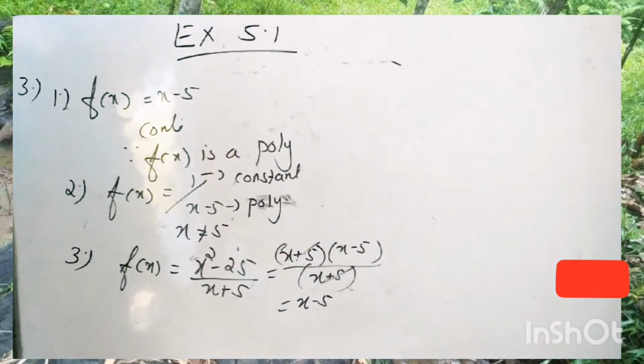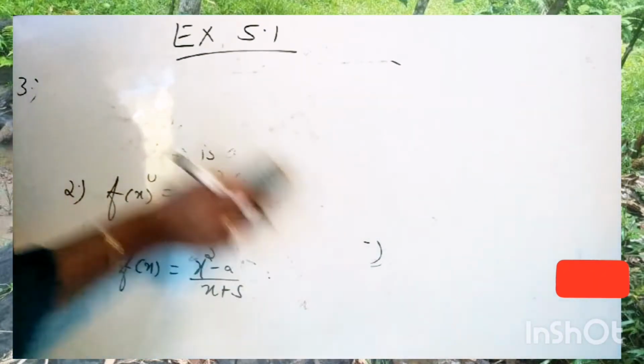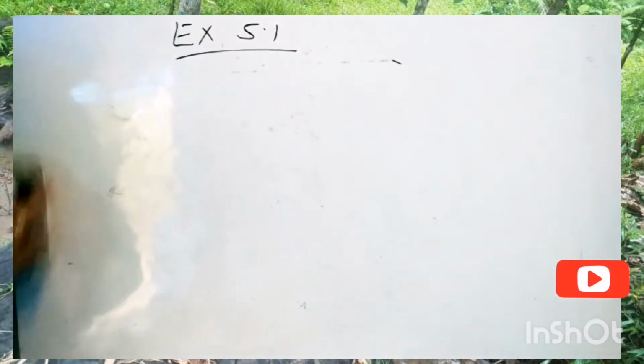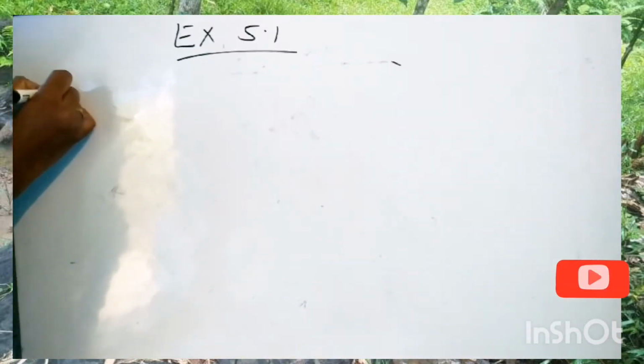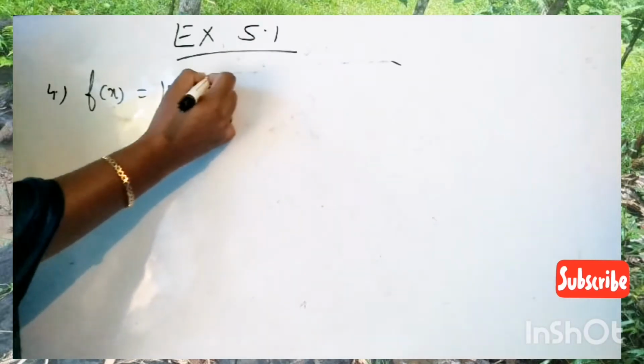Now the fourth one, f of x is equal to mod x minus 5.